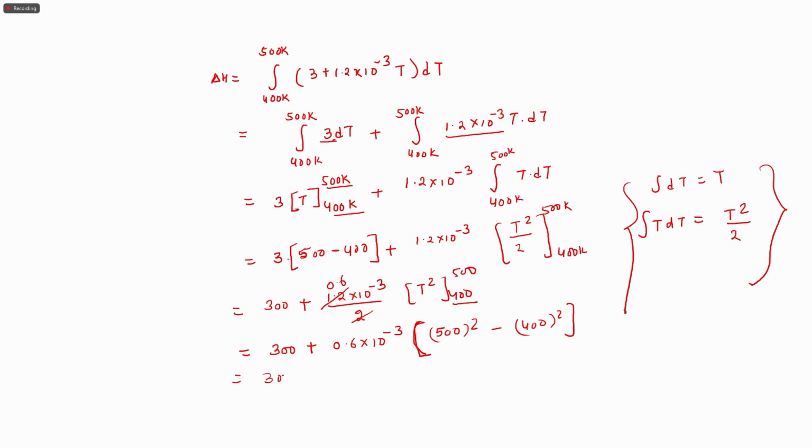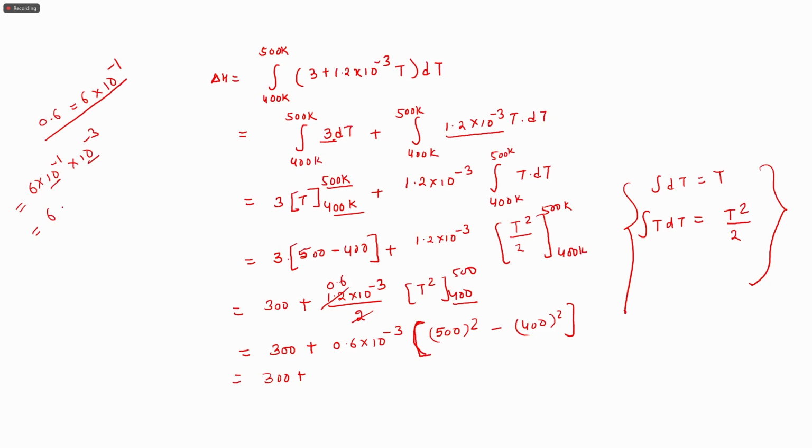If you solve this, you will get, let us write 0.6 as 6. Then we can write it as 6 into 10 to the power minus 1. Here 10 to the power minus 3 is already here. So if 6 into 10 to the power minus 1 into 10 to the power minus 3 is there, then if base is same, then what we do?